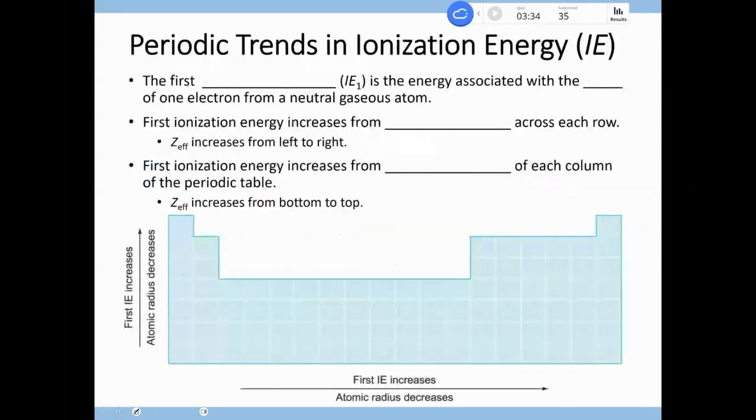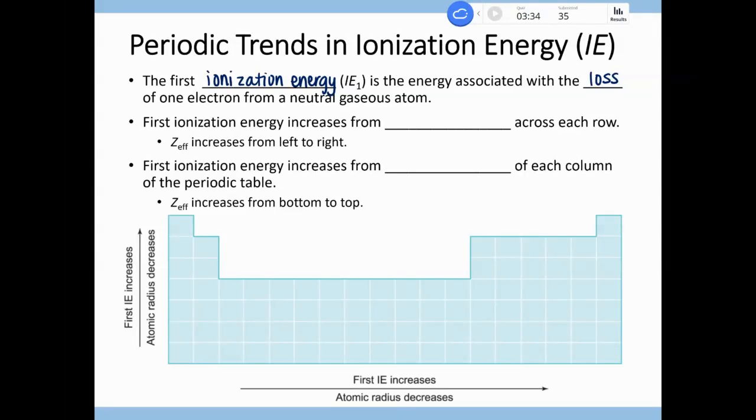Let's look at these trends for ionization energy. So first, ionization energy, or IE with a subscript 1, is the energy associated with the loss of 1 electron from a neutral gas atom.